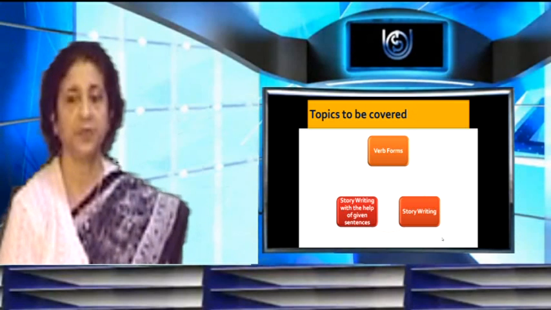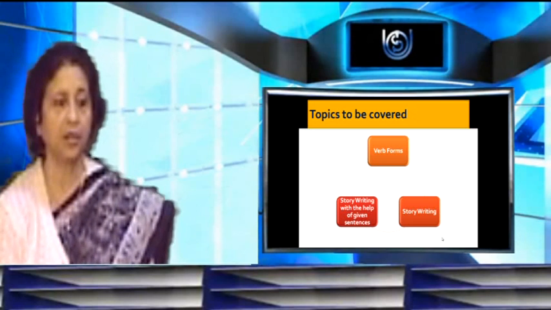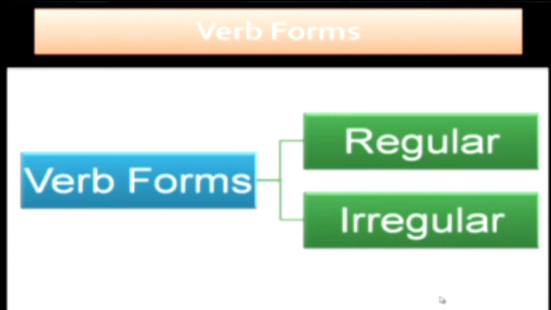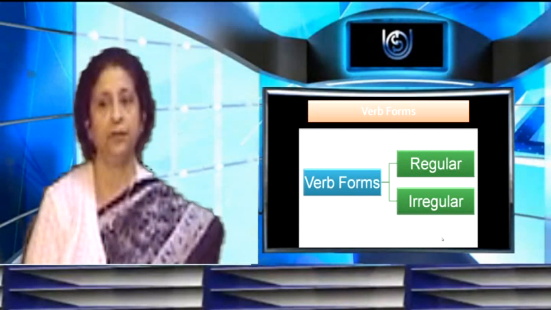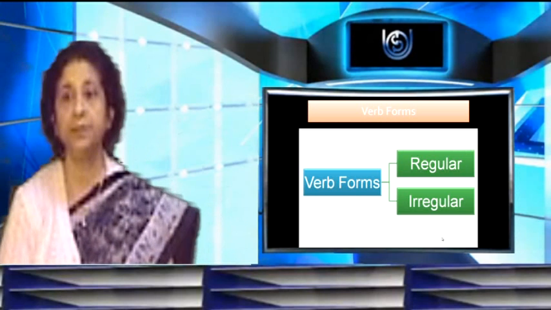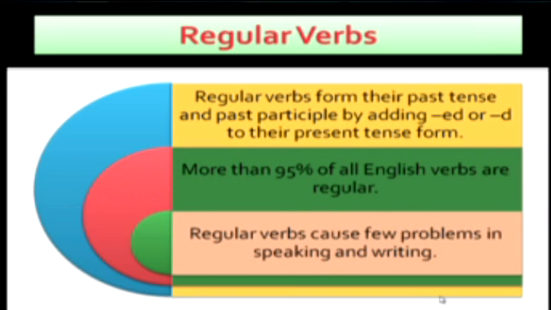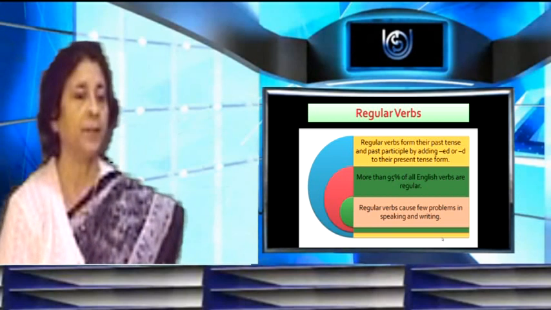Now first, verb forms. The verb forms are of two types: regular verb forms and irregular verb forms. Now what are regular verb forms? Regular verbs form their past tense and past participle by adding ed or d to their present tense form.